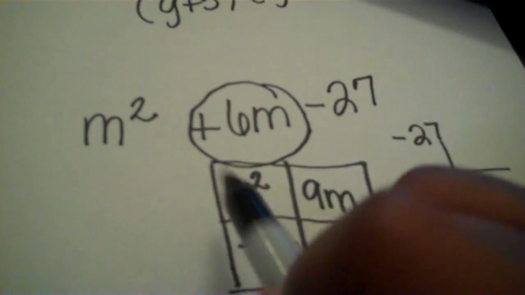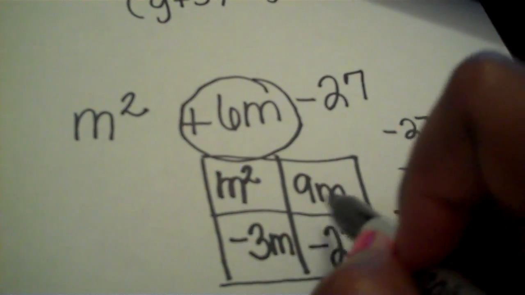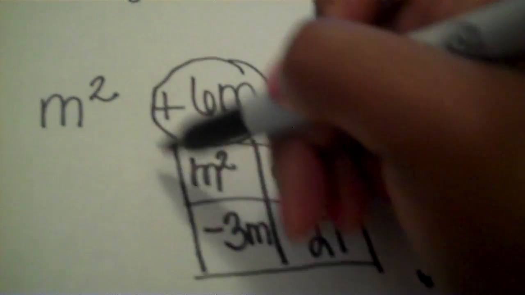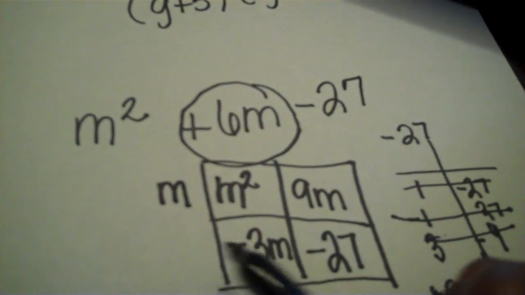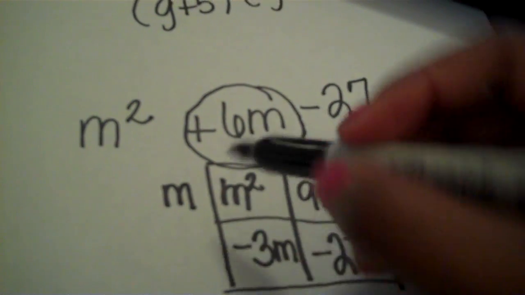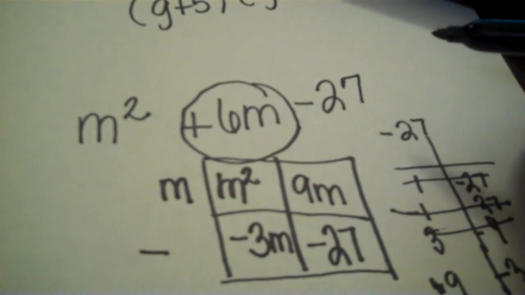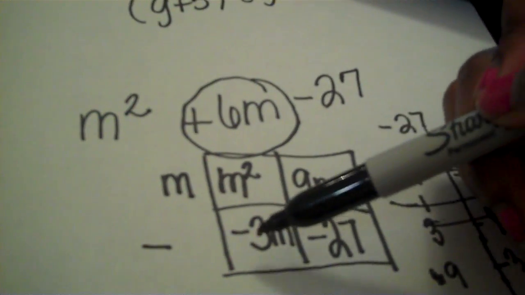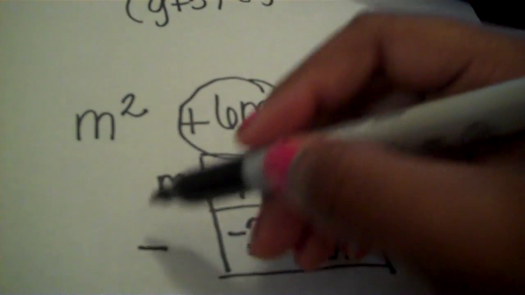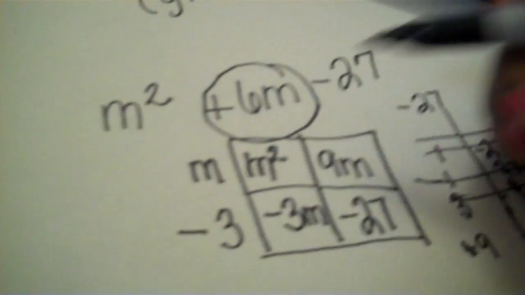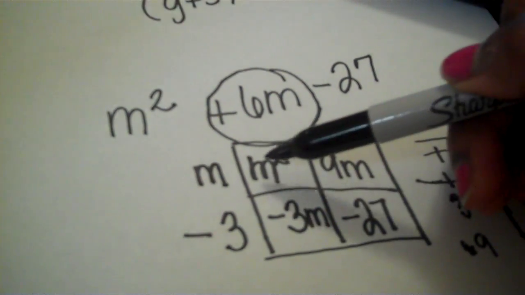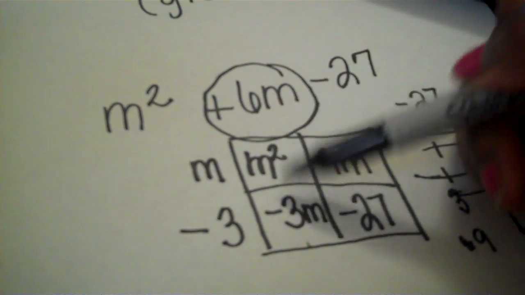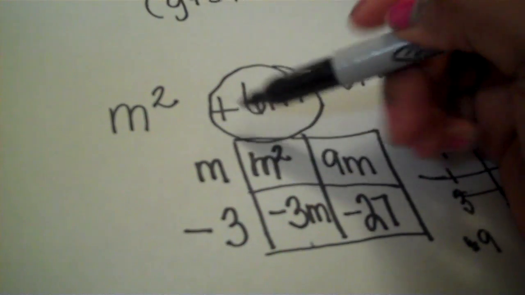So now you pull out your GCF. You have m squared and 9m. GCF is m. Since my leading box, when I factor this way, is a negative, that means my GCF has to be negative. So negative 3 and negative 27, the GCF is negative 3. Now going up and down, even though I have a negative, this box isn't negative, so the factor I pull out can't be negative.